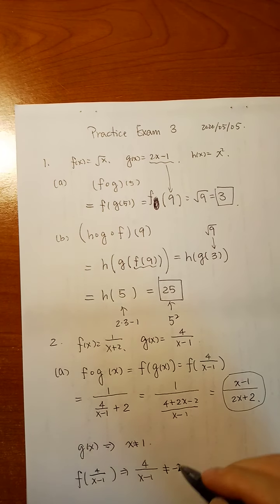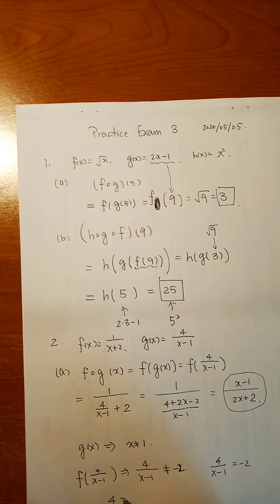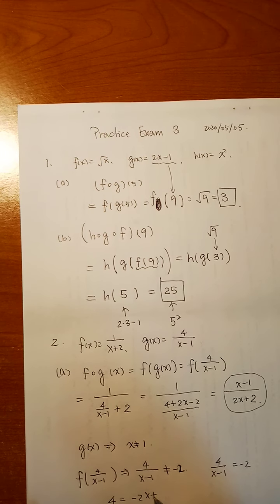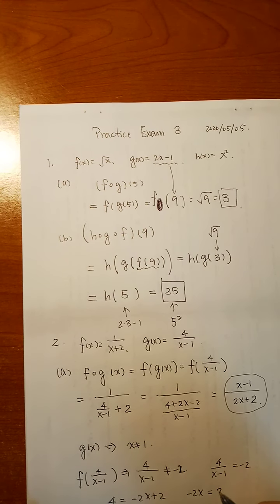Then let's compute the condition. 4 over x minus 1 is equal to negative 2. Then what you get is 4 equals negative 2x plus 2. So negative 2x equals positive 2. x is negative 1.